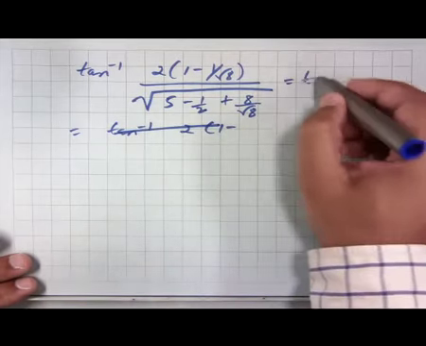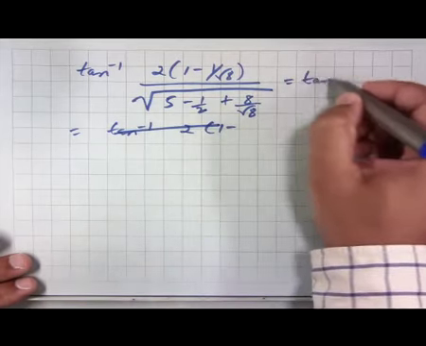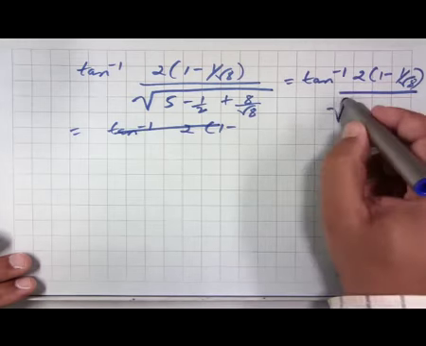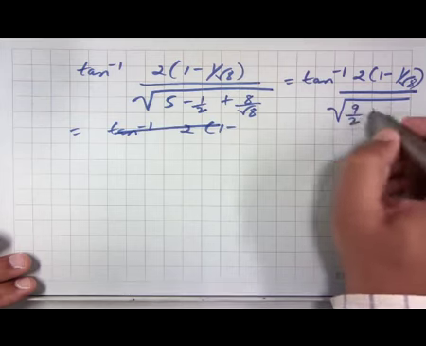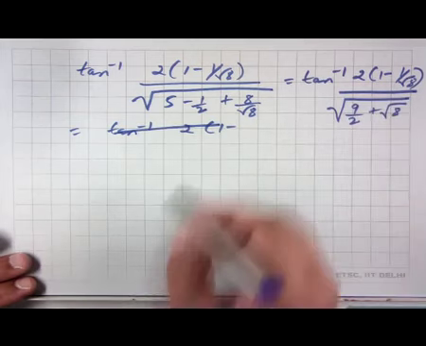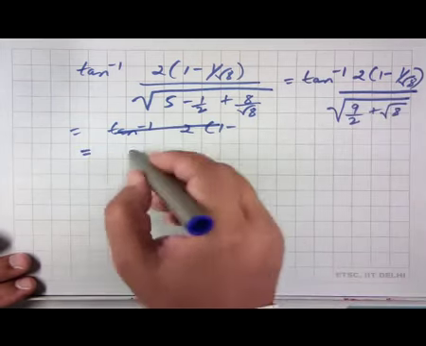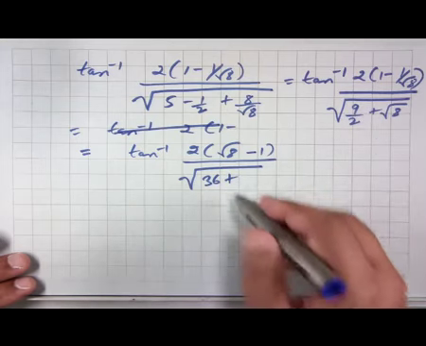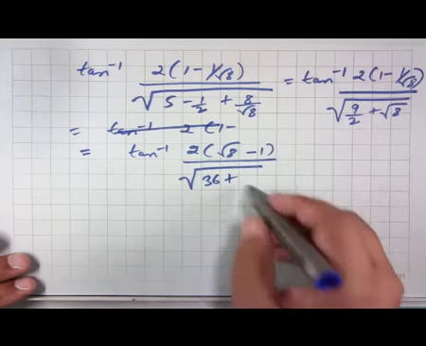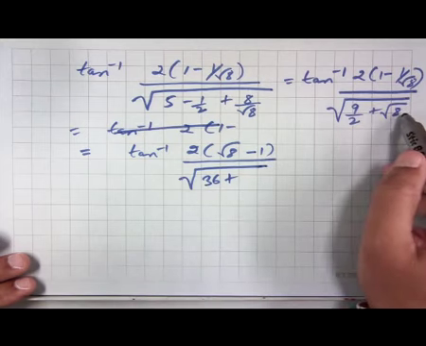So, well, this can be also written as 2 times 1 minus 1 over square root of 8 over square root of 9 by 2 plus square root of 8, and that is equal to tan inverse of 2 into square root of 8 minus 1 by square root of, so we take the square root of 8 to the denominator here, we get 36 plus 8 times square root of 8.